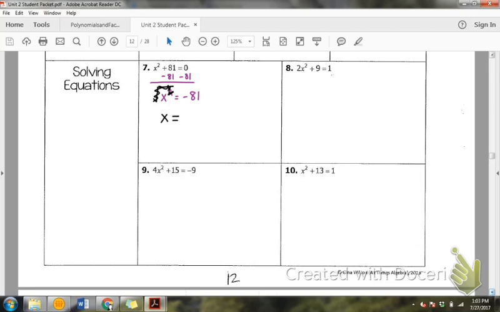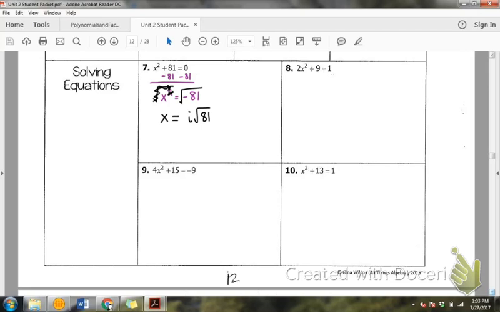But whatever you do on one side, you have to do on the other side. So on the other side, I have to take the square root of negative 81. It's not negative 9. What do you have to do with a negative? Take the i out, right? So this becomes i square root of 81.